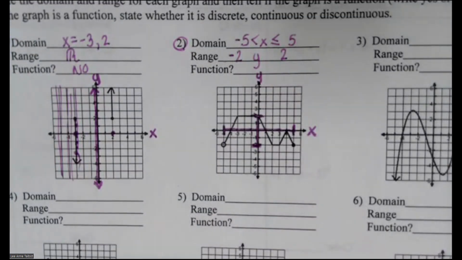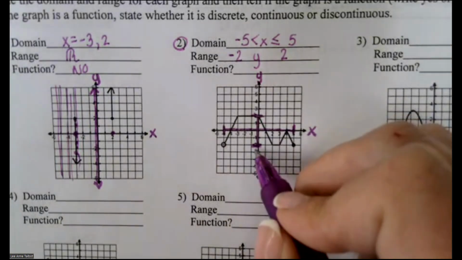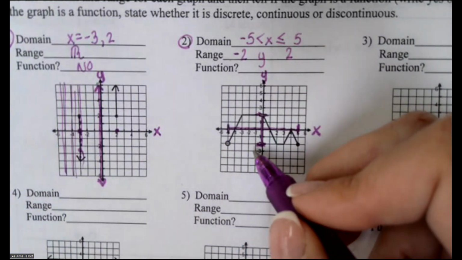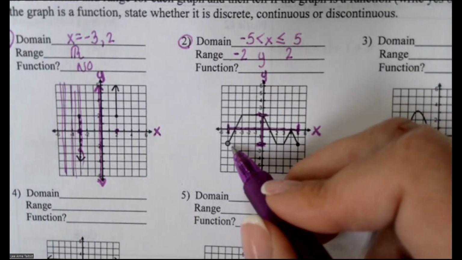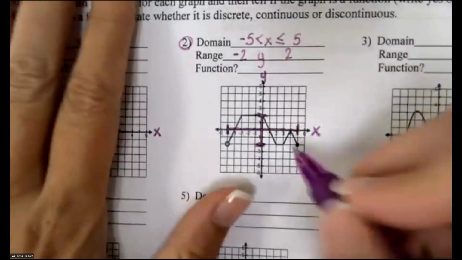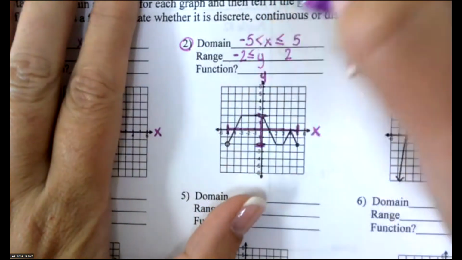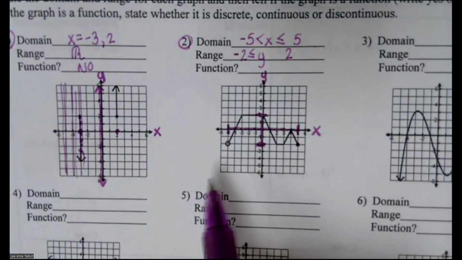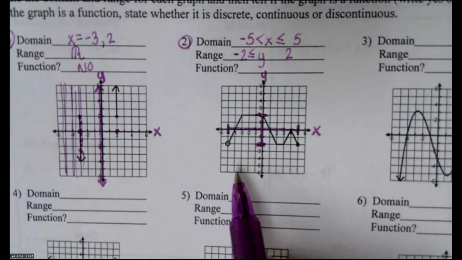Okay, super hard questions. Open or closed on the bottom? Okay, I'm going to answer for you. You really want to say open because of this, but it's closed because of this and this. Okay, so the question you're asking yourself is, does it touch -2 anywhere? Yes. If it does, it's closed.